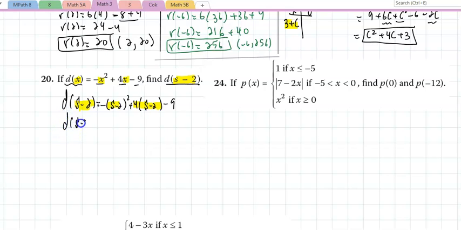D of s minus 2 will equal negative, if you FOIL this, s squared minus 4s plus 4 plus 4s minus 8 minus 9.